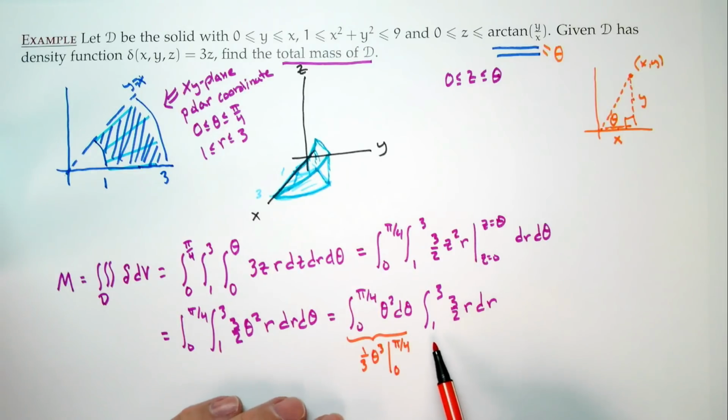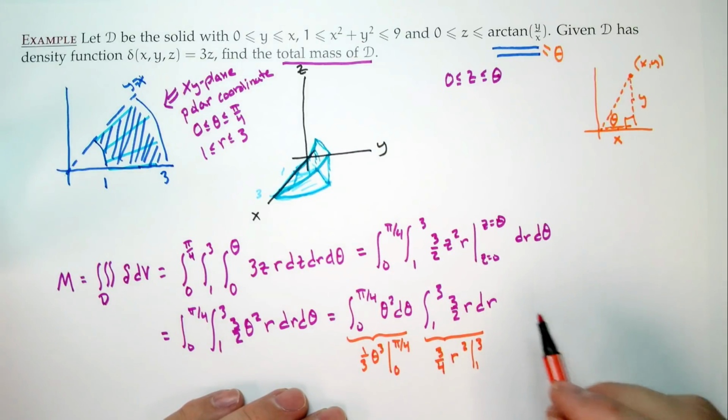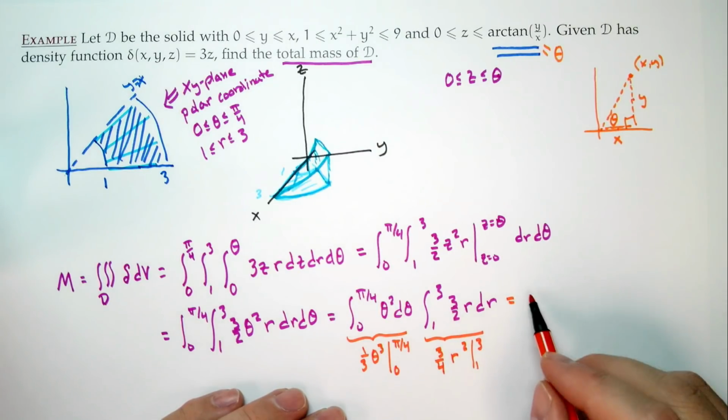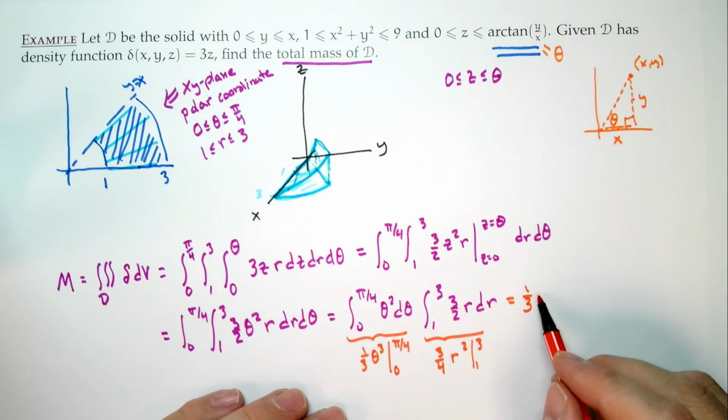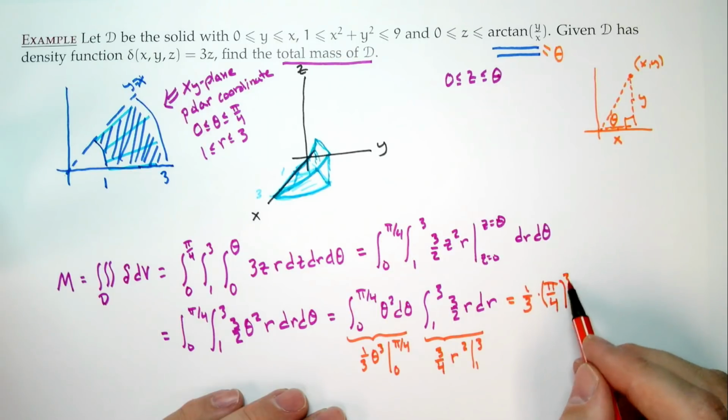All right. Now here, what are we going to get? Well, we're going to have 3/2 integral of r. So that's going to be r squared, but remember, divide by 2. So that's going to become 3/4 r squared, from 1 to 3. Okay, so what are we getting here? Well, we're getting 1/3 times pi over 4 cubed.